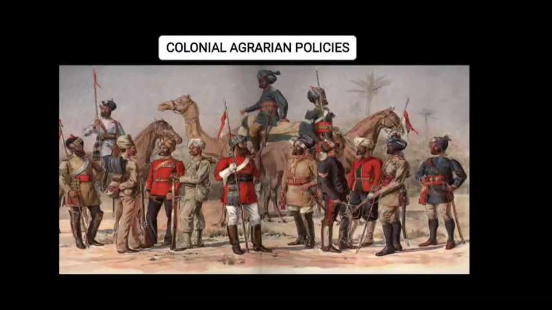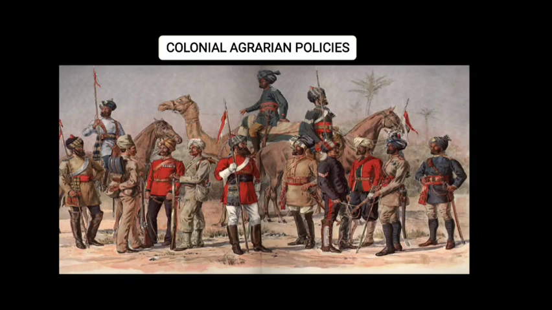The British got the rights to collect revenue in three important areas, that is Bengal, Bihar and Orissa. So we can see that slowly they are taxing the people of India.